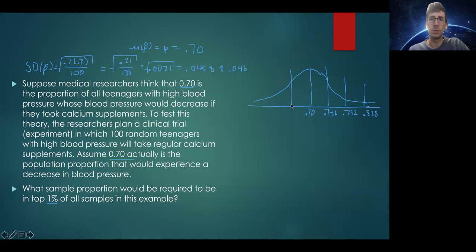Now, as we go down 1 standard deviation, we'll subtract 0.046 and get 0.654.